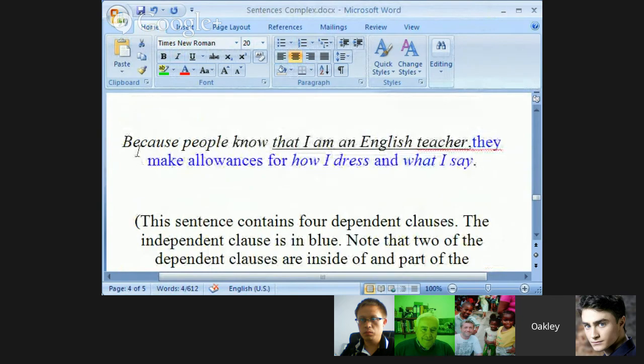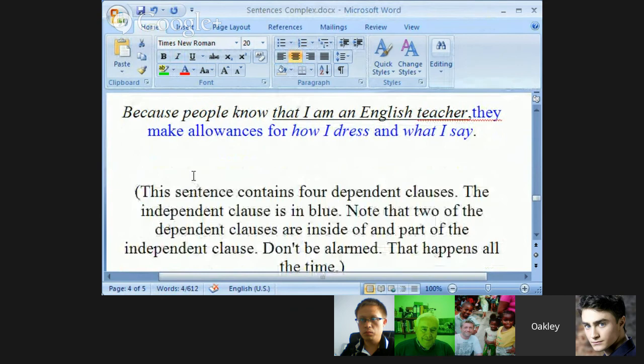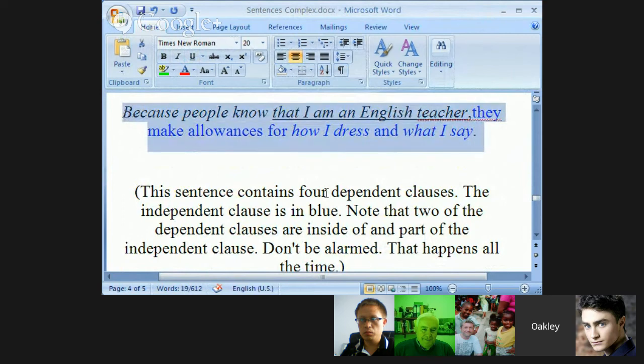Here's another example that is much more complicated. Because people know that I'm an English teacher, they make allowances for how I dress and what I say. Now look at this sentence. This sentence contains 4 dependent clauses. The independent clause is in blue.